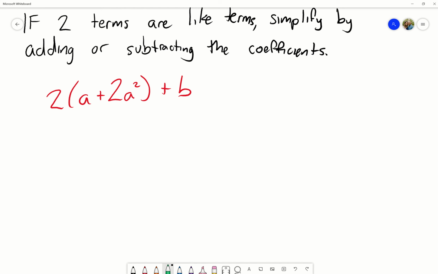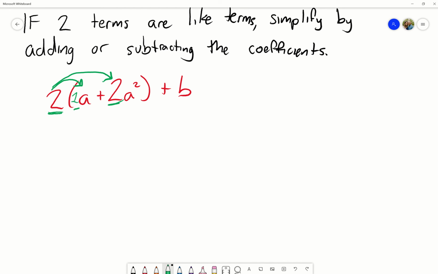So first thing I'm going to do is I'm going to use my distributive property. Remember that? Distributive property, I'm going to distribute this 2 to both things. And to distribute the 2 means I multiply this 2 by the coefficients of each term. Okay, so what's my coefficient of this term a? Well, it's 1.